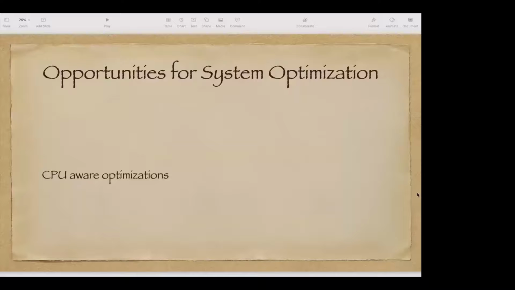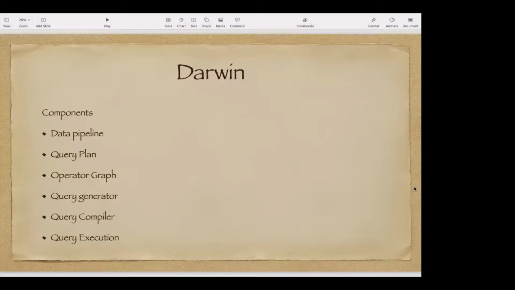Also, the paper mentions some more optimization can be done by using CPU-aware optimization techniques. So finally, after studying all the shortcomings and the techniques which can be used to overcome them, the paper proposes a new system, which is Darwin.